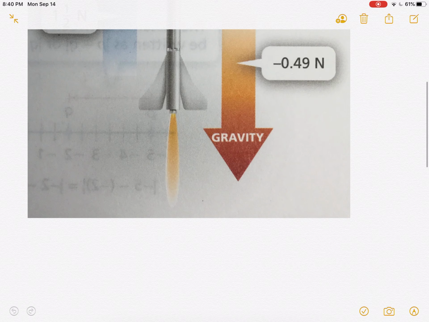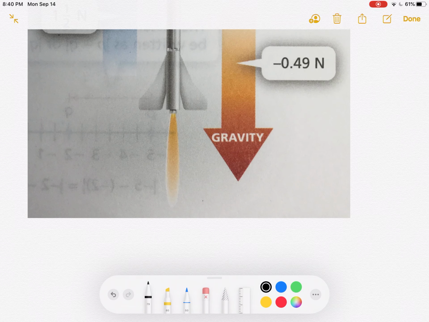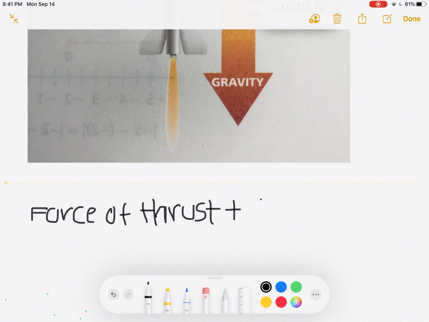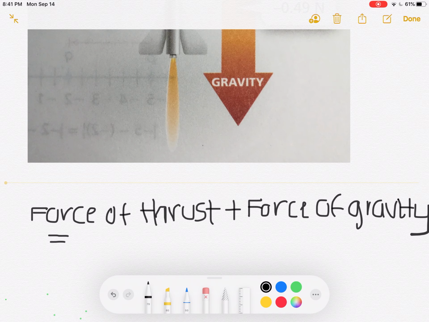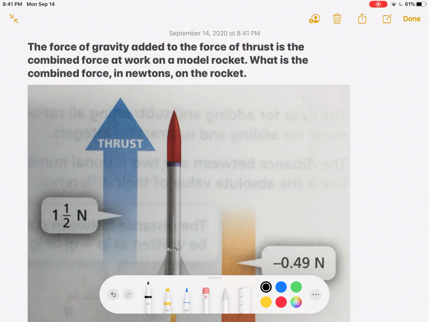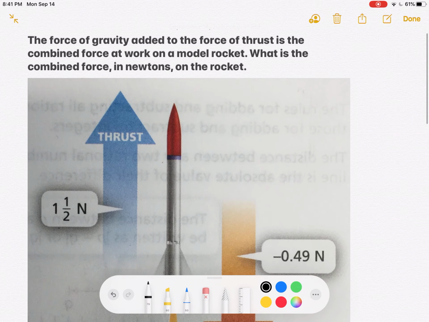So we're going to write an expression for our word problem here. It said that the force of thrust added to the force of gravity is equal to the combined force at work on the model rocket.